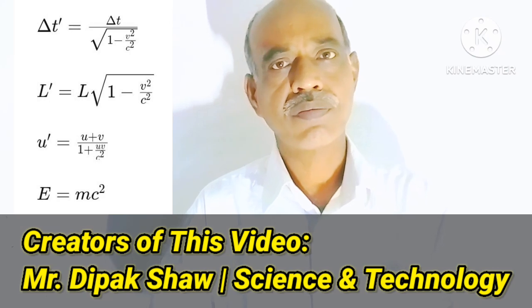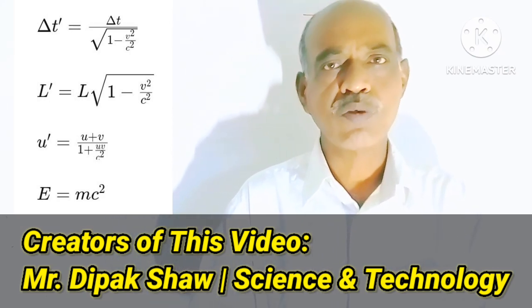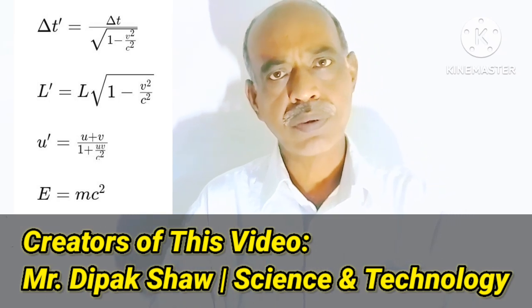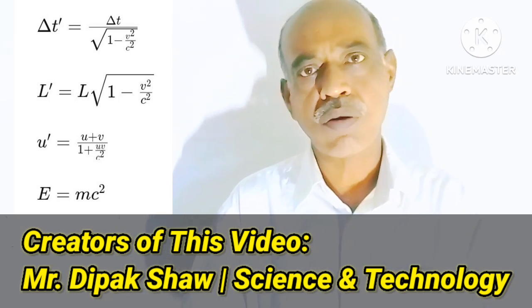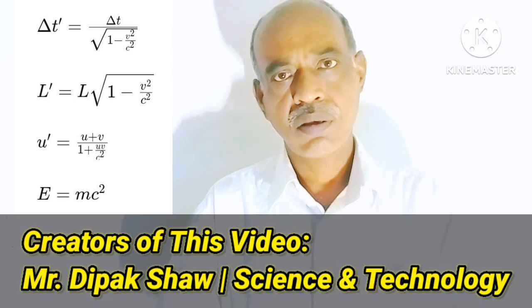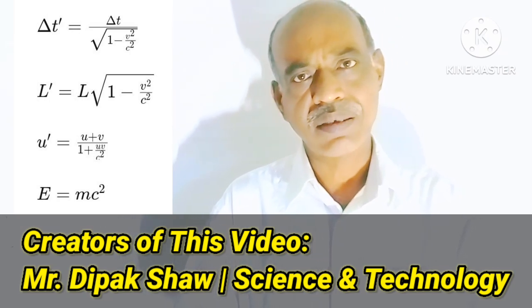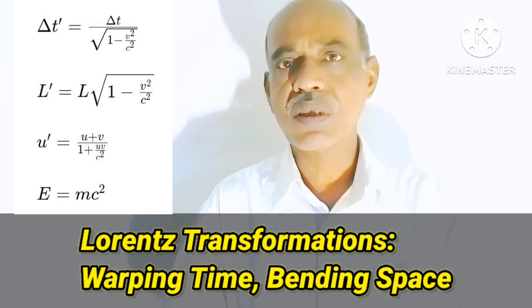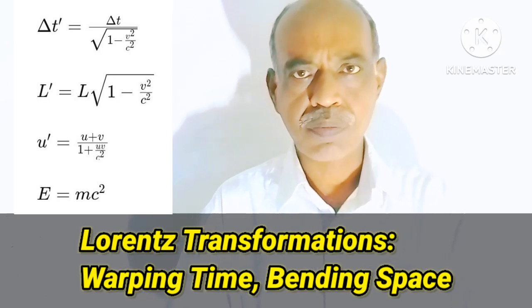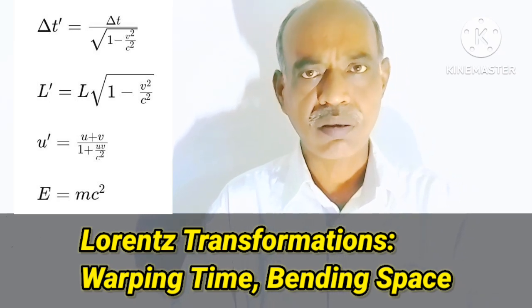Time dilation. That means, for example, someone is moving inside a spaceship relative to you, or relative to an observer on Earth. So in that case, what happens? Time dilates. Say there is a clock with the pilot of the spaceship, and you have one clock. You are sitting on Earth.